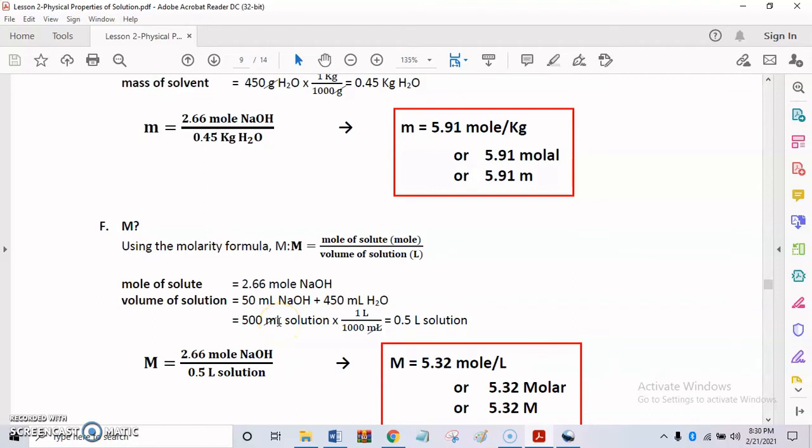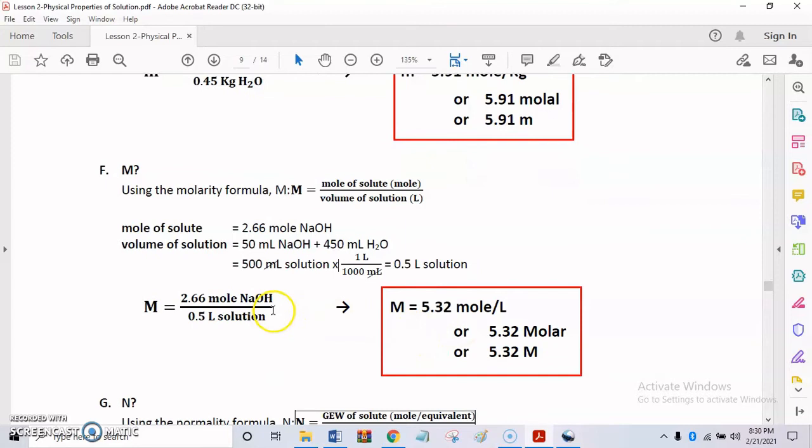So, milliliter converted to liter, maglalagay ka ng division. ml, so kailangan nasa baba yung ml. So, 1 liter is equals to 1,000 ml. Cancel ml, cancel ml. Matitira is 500 times 1 divided by 1,000 is equals to 0.5 liter solution.